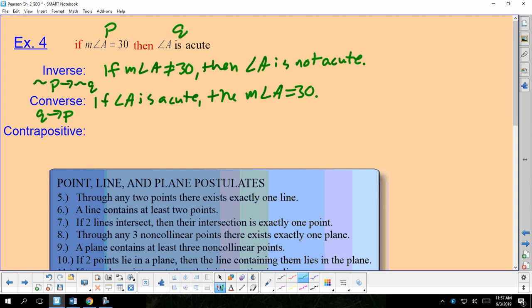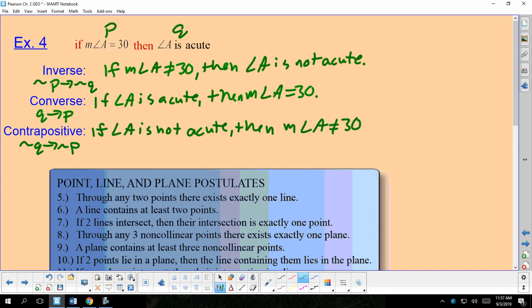And then the contrapositive, the inverse of the converse: not Q, then not P. If angle A is not acute, then the measure of angle A is not equal to 30.